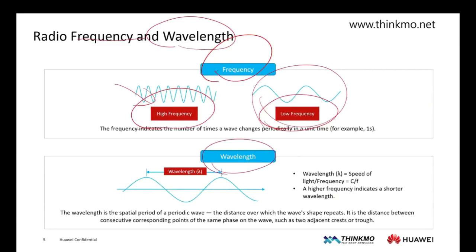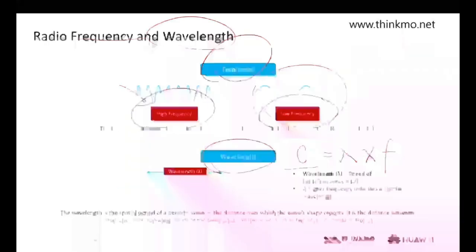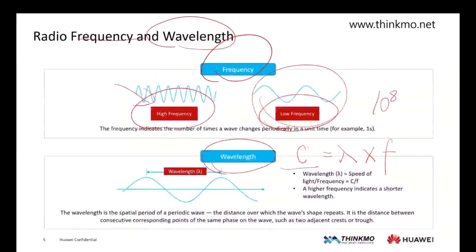The second parameter is wavelength. How is wavelength defined? In fact, there is a formula: C equals lambda times f, where C is the speed of light, which is a constant value, approximately 10 to the power of 8, an order of magnitude. Lambda is the wavelength, f is the frequency.